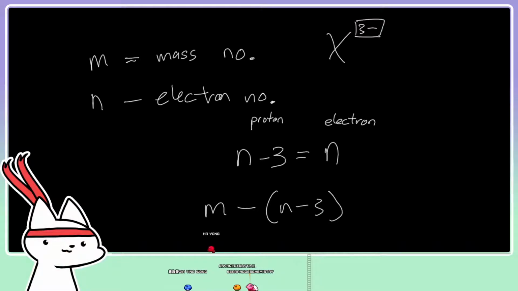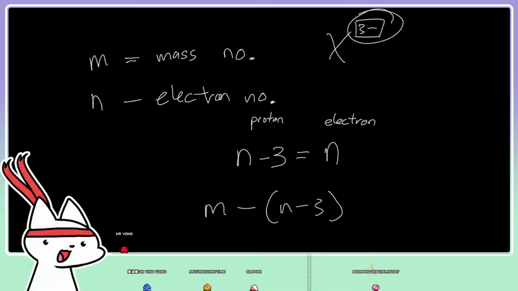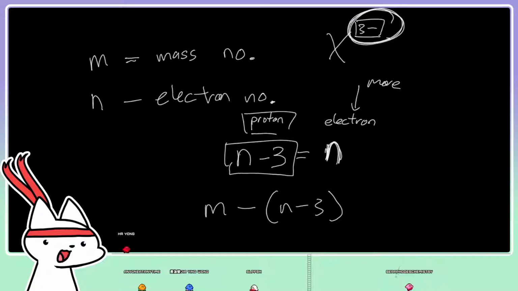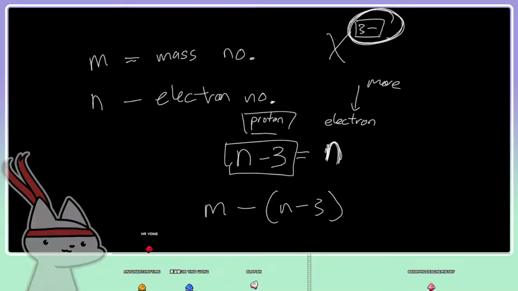It's very easy for all people, adults included, to mix up: do I plus 3 or minus 3? So ask yourself, 3 minus means there are more electrons. Since N is 3 more than protons, the protons will be N minus 3 to achieve that situation.